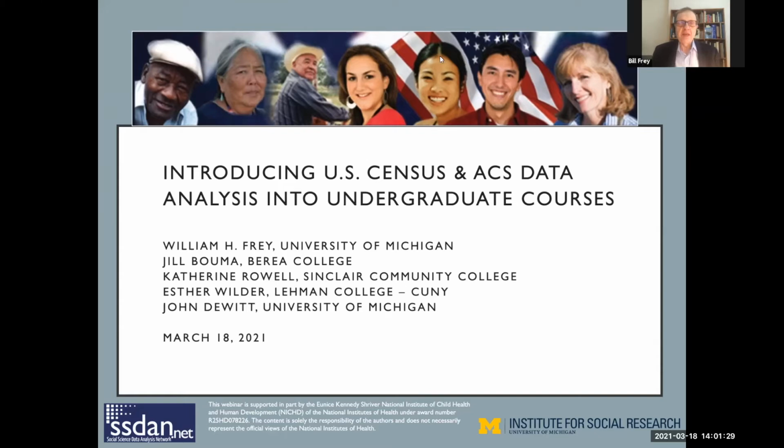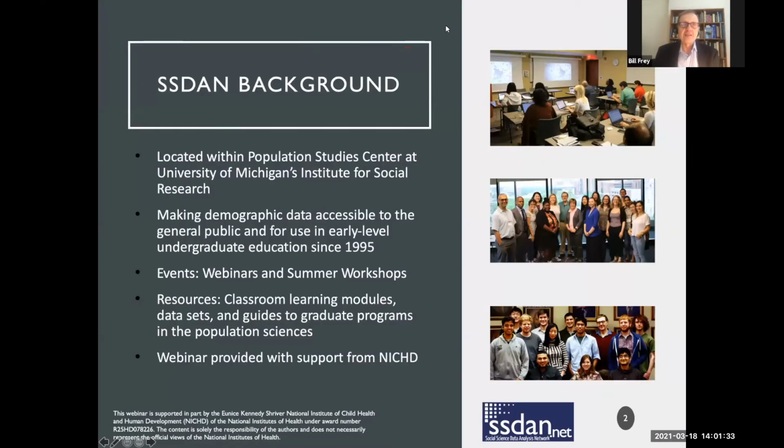I'll say a little bit about our project, the SSDAN, the Social Science Data Analysis Network. It's located at the Population Studies Center of the University of Michigan inside the Institute of Social Research. We've been making demographic data accessible to the general public and for use in early level undergraduate courses since 1995.